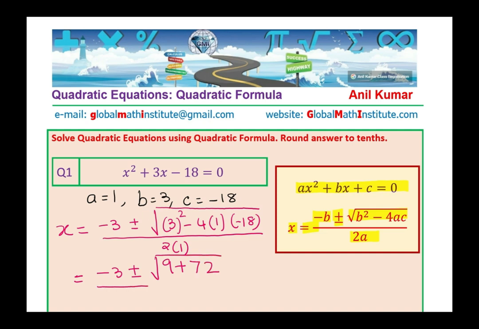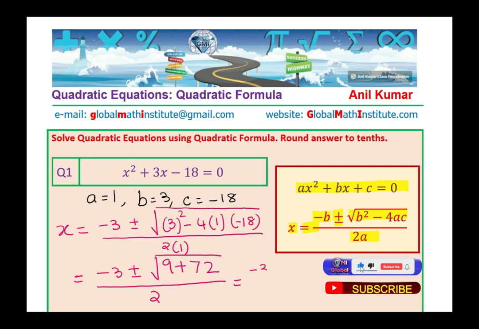You can use a calculator to find the value. Divided by 2. Do you see that? Now, 72 and 9 will give you 81, and the square root is 9, right? So from here, you get minus 3 plus or minus the square root of 81, which is 9, divided by 2.